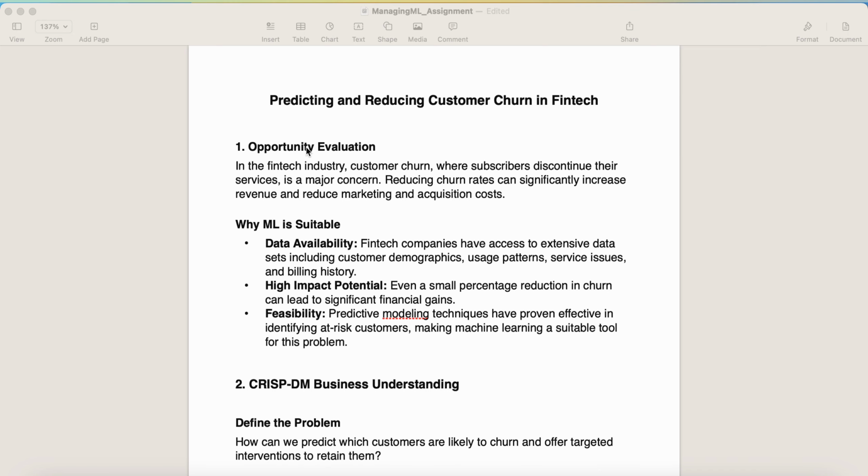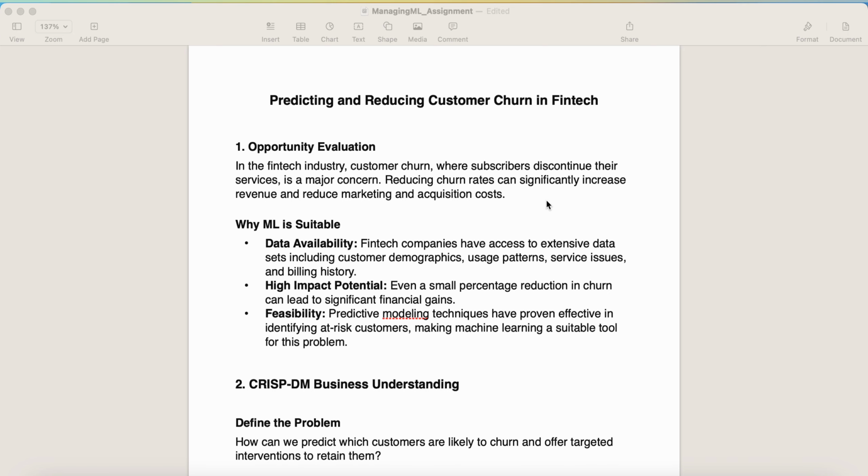To start with, the opportunity evaluation. In the fintech industry, customer churn is significant, where subscribers discontinue their services, right? Reducing churn rates can significantly increase revenue and reduce marketing and acquisition costs. And why is ML suitable for this? There is plenty of data available.